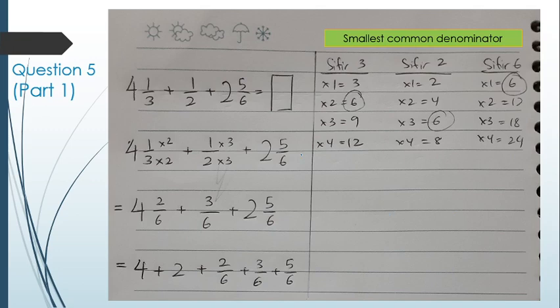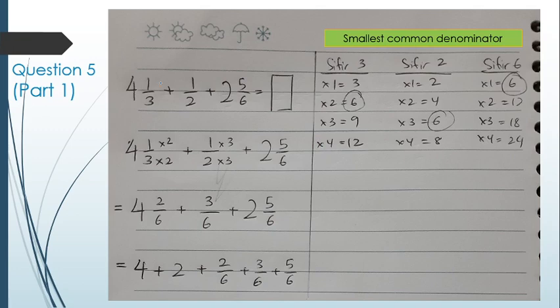question 5. Okay, question 5, I divide it into say 2 parts. This is the first part, because the calculation is a little bit longer. Okay, the step is more than the previous question, so I divide it into 2 parts.